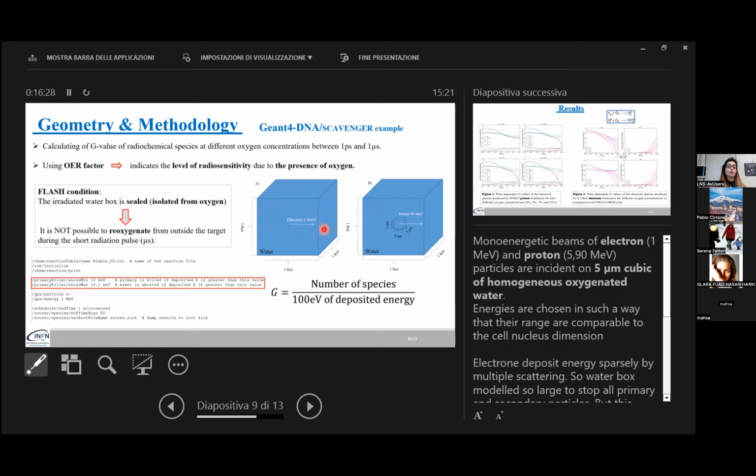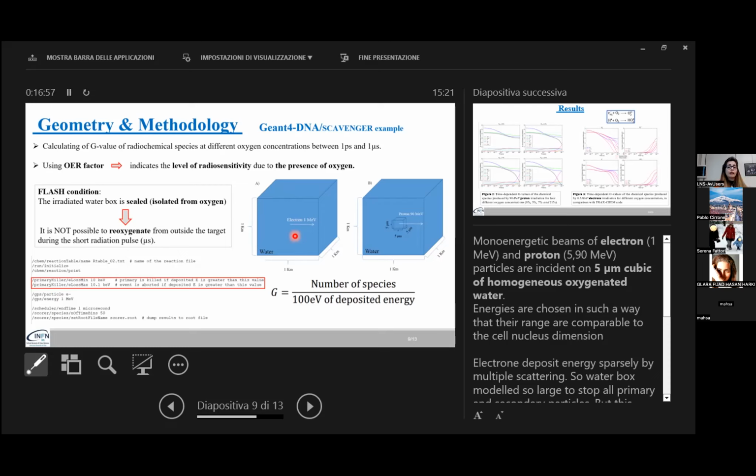For example, electrons deposit their energy very sparsely by multiple scattering, so we must consider a big volume to stop all of the secondary and primary particles inside the volume. But this vast volume needs a lot of CPU time for simulation.